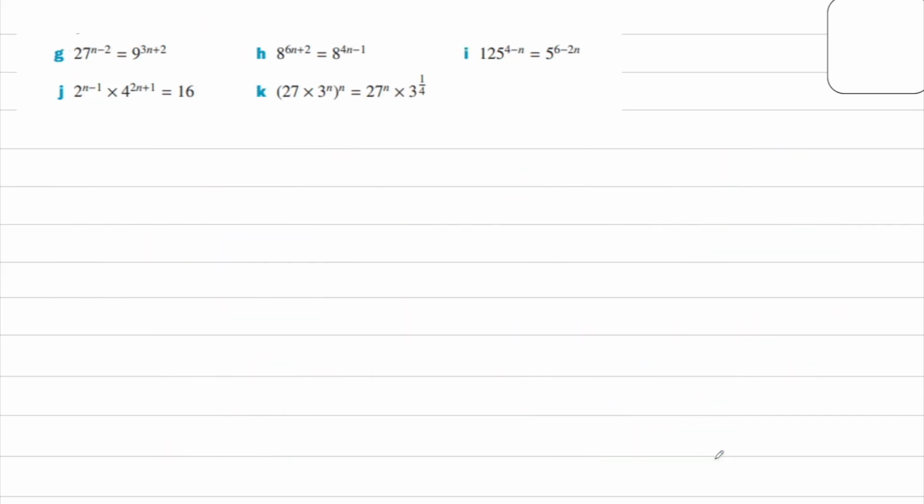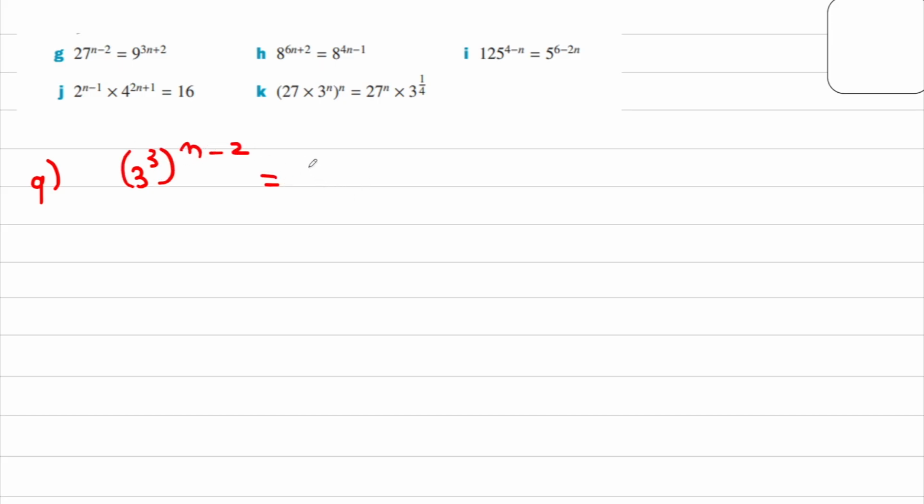Now we continue with question G. Question G, 9 and 27, a little bit harder. For 27 and 9, I will convert them to power numbers with base number 3. 27 means 3 cubed, and outside n minus 2.